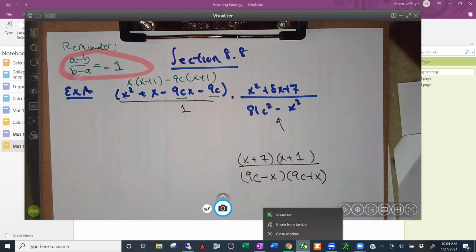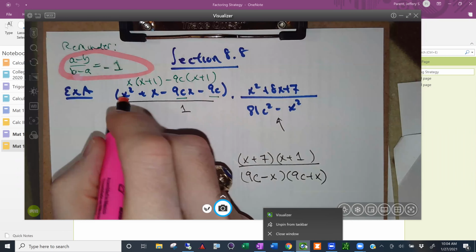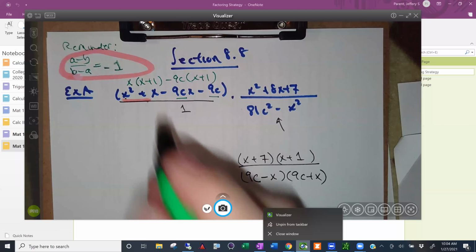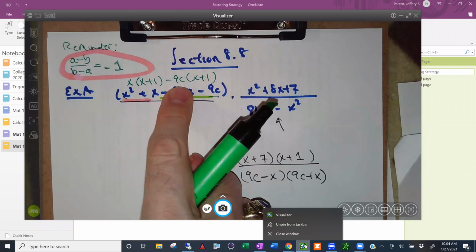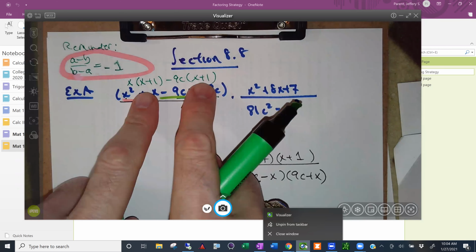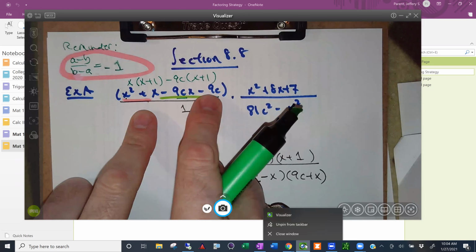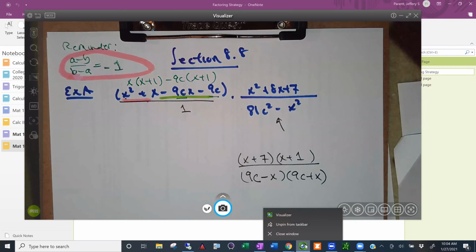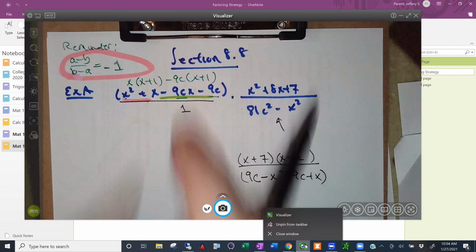Are we comfortable with that? I just factored the first 2 terms here, and then the next 2 terms here. Notice I factored out the -9C, and in doing that, it changes the sign on both of those terms so that these binomials match. And that's a good thing. Let's finish this off.